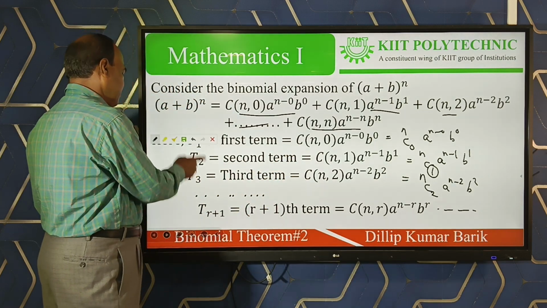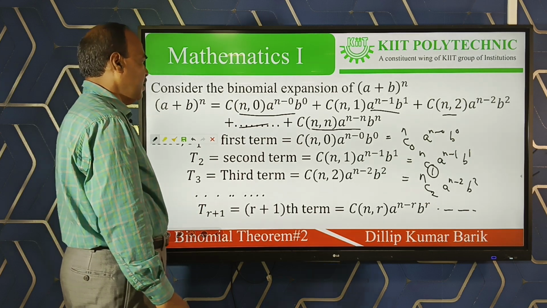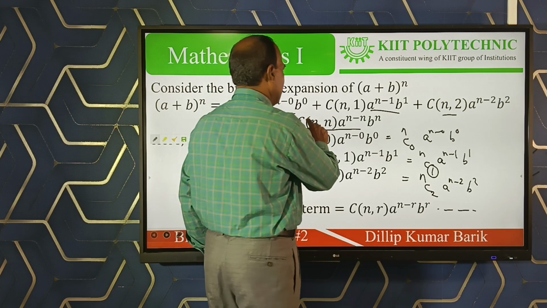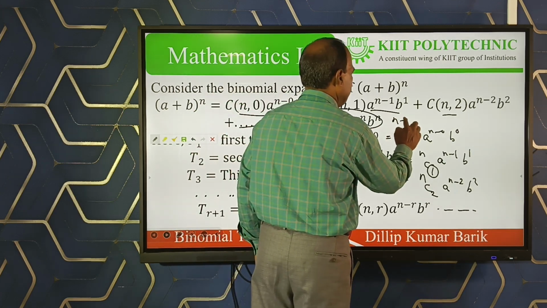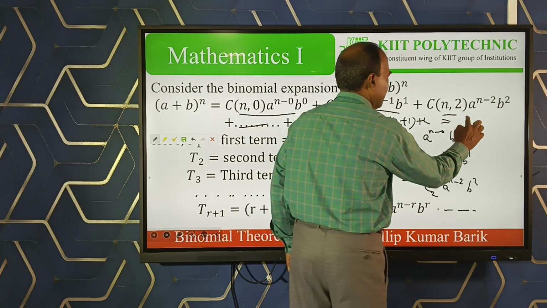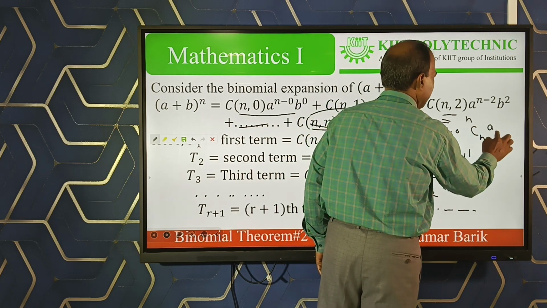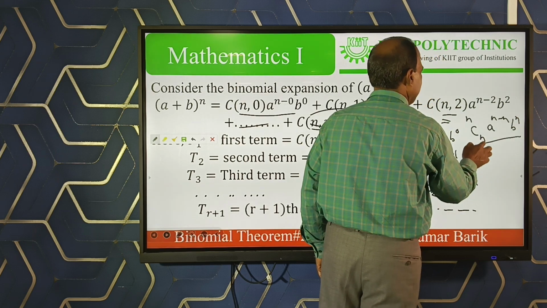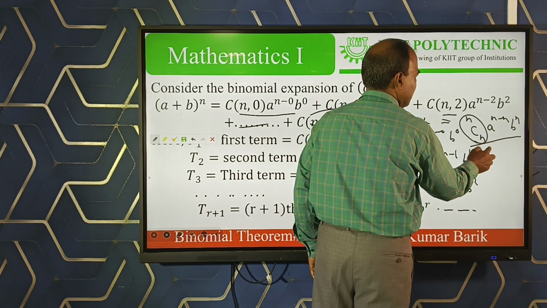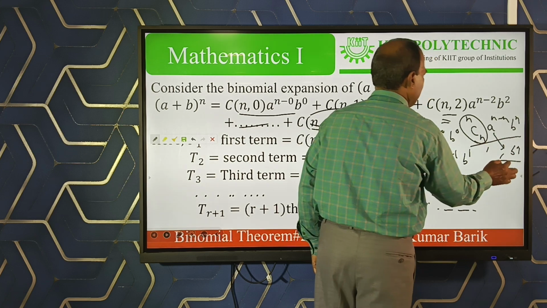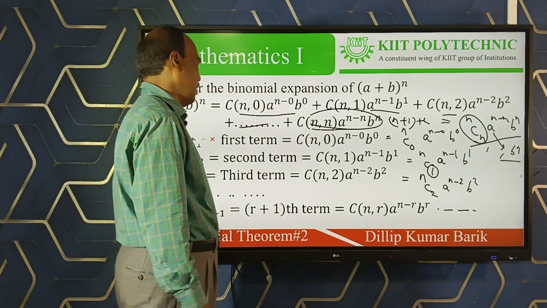Continuing in this way, what is the last term? Clearly this is the n plus 1th term, whose value is nCn a to the power n minus n and b to the power n. Already you know nCn is 1, a to the power 0 is 1, and clearly this is now only b to the power n.